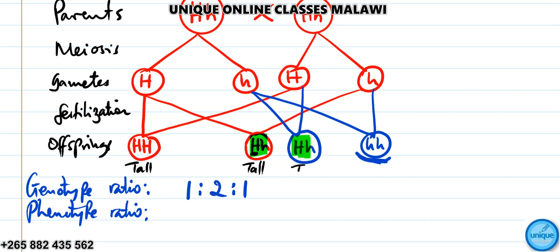The same applies here to, where this guy here will be short. So physical outlook, tikuti phenotype, the physical appearance. Ndi mungodzo kuti we are talking about appearance. So phenotype ratio, if you can count ndi to 1 to 2 to 3, ndikuti we have 3, then we have 1 short there as 1.